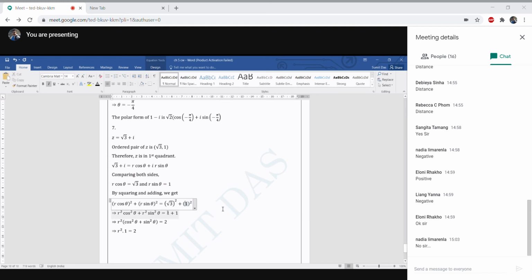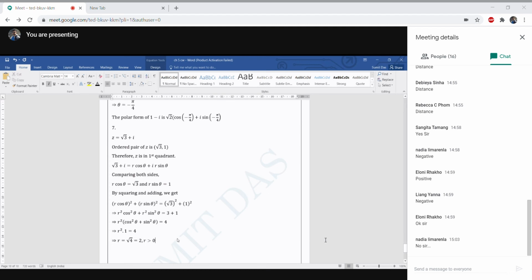Square root of 3 squared is 3, and 1 squared is 1. So ultimately you will get 4 here. Next line, r equal to square root of 4, which is equal to 2. You can write r greater than 0.